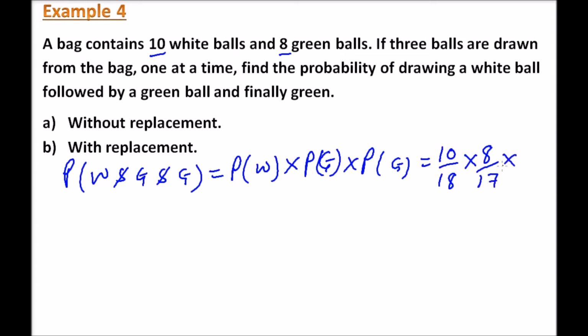You multiply by, if you draw one, so you have 7 over 16. So once you simplify this, then you should get by 8 is 2, by 8 is 1, by 2 is 1, by 2 is 5, and this should give you 35 out of, when you multiply this, it is 306.